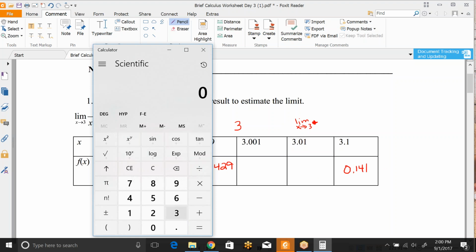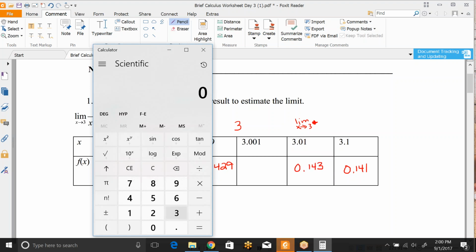Okay, let's look at the next one. So 3.01, and that's minus 3 divided by 3.01 squared plus 3.01 minus 12, plugging into that function each time. That's 0.143.